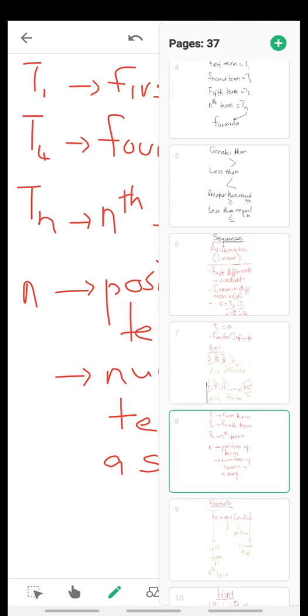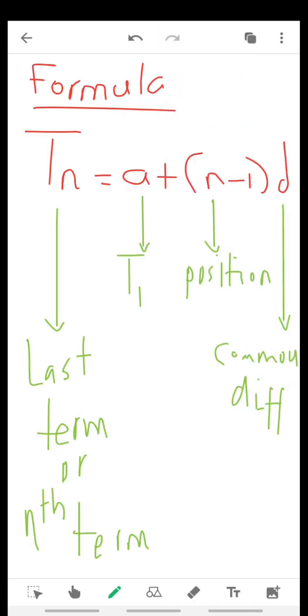Now next we are looking at the formula of the arithmetic sequence. How do you find the formula or the nth term of an arithmetic sequence? The formula is Tn equals A plus n minus 1 times D. What is Tn? The last term or the nth term of the sequence.